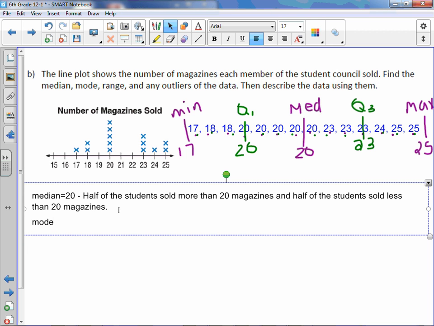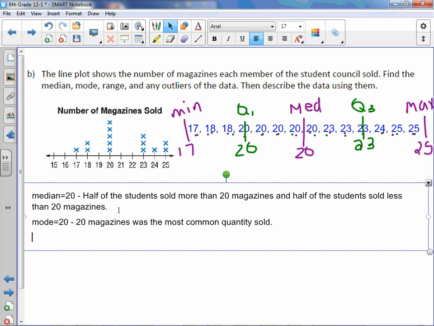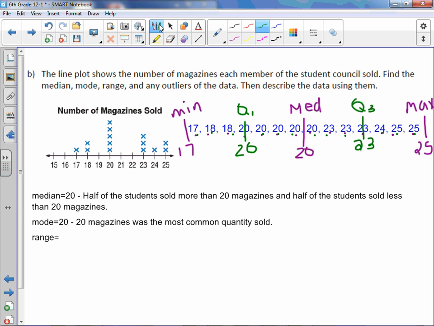The mode, 20 occurs most often, so 20 is also the mode, which means that 20 magazines was the most common quantity sold. The range, we take the largest number and subtract the smallest number.